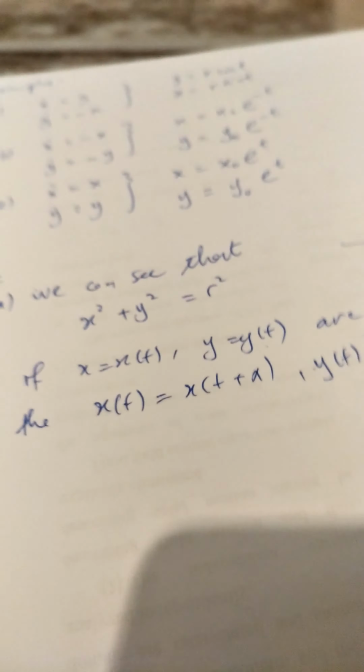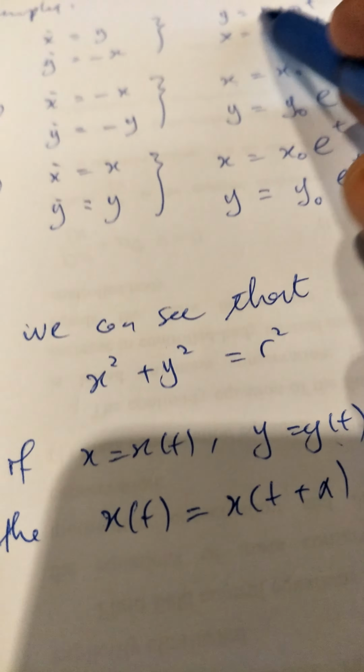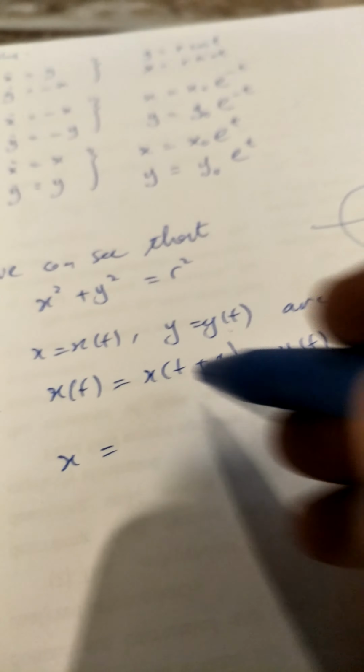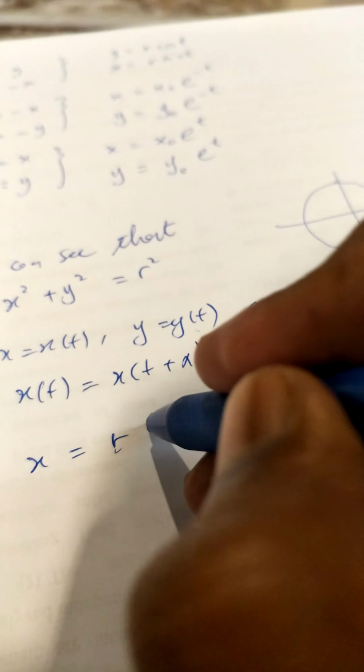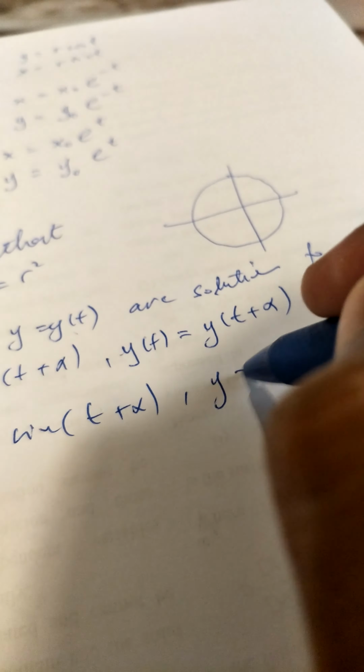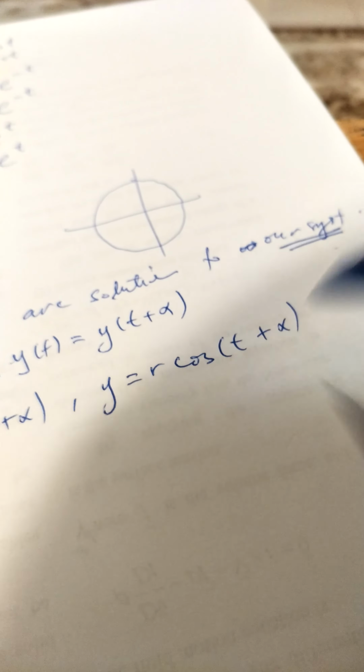So given that in mind, we consider our solution up there, the first case. So we have x equal to r sine of t plus alpha, and y equal to r cos of t plus alpha.